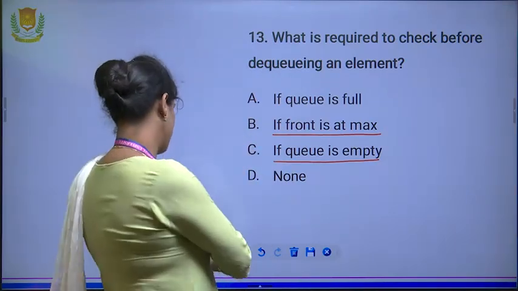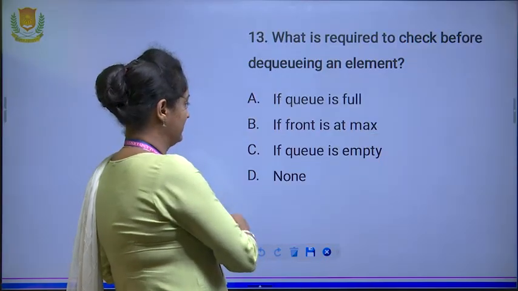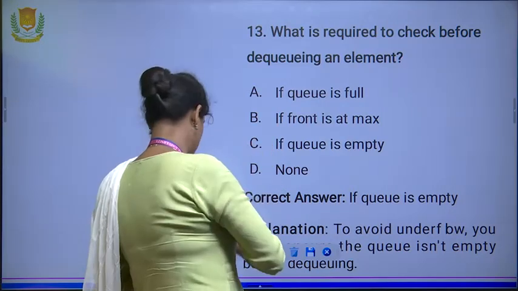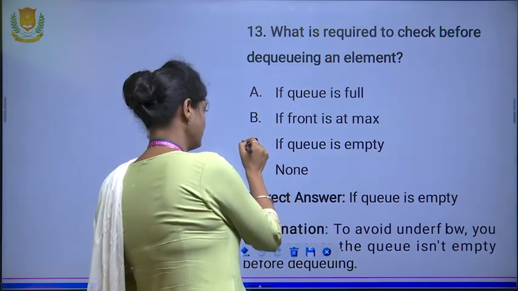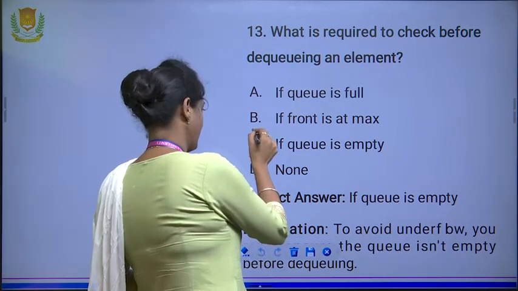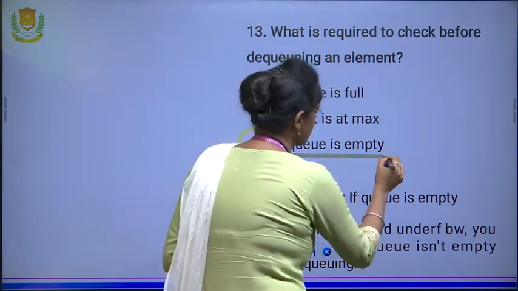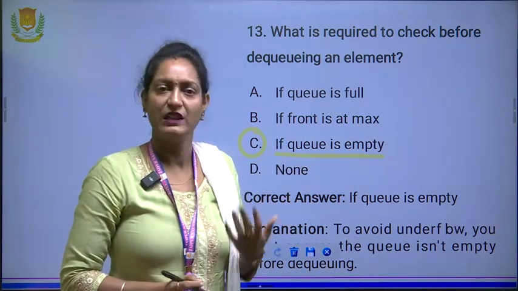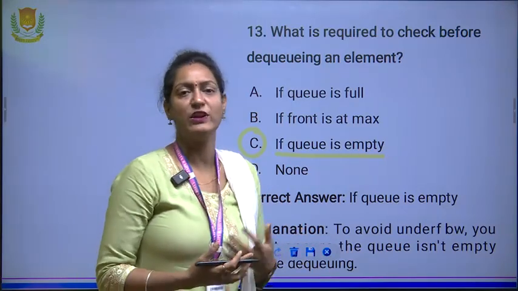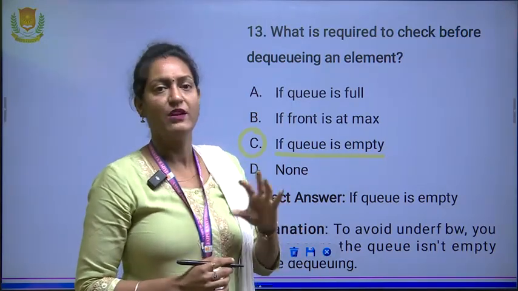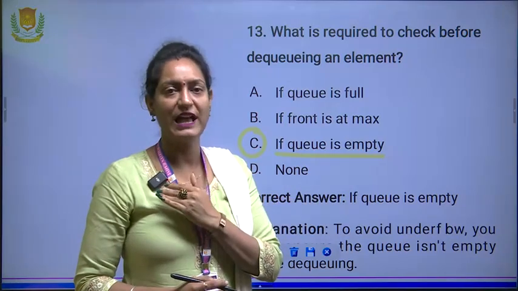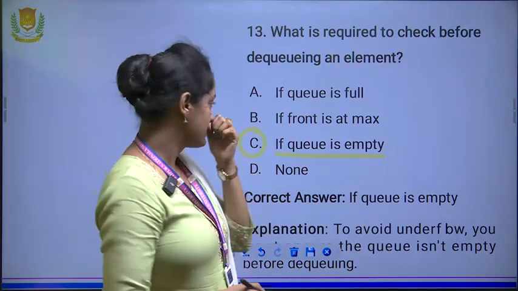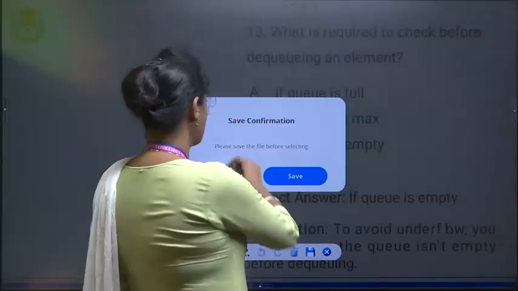And the correct answer is option C, if queue is empty. If queue is empty, we cannot delete an element from it. That means we do not have an element, how can we delete an element from the queue? Or we had some elements and we already deleted all of them, now we cannot delete an element from the empty queue. So the correct answer of this question is option C.